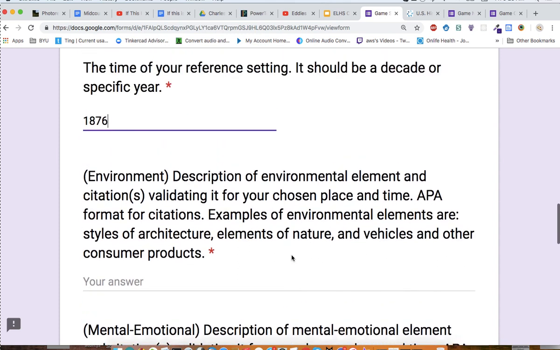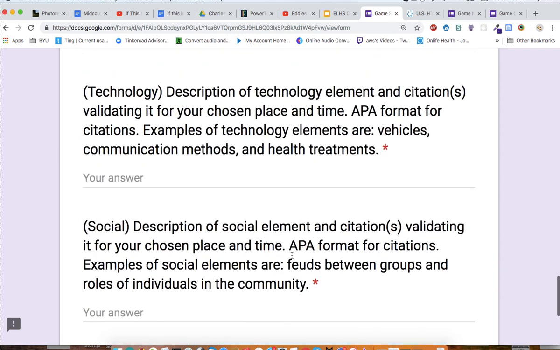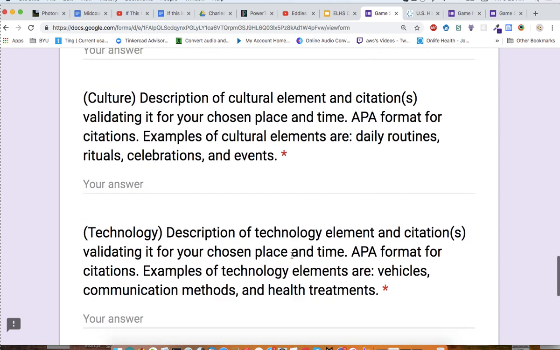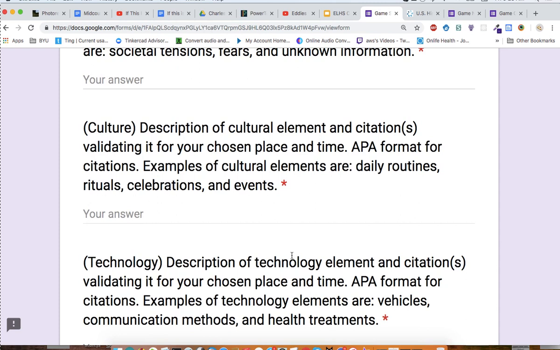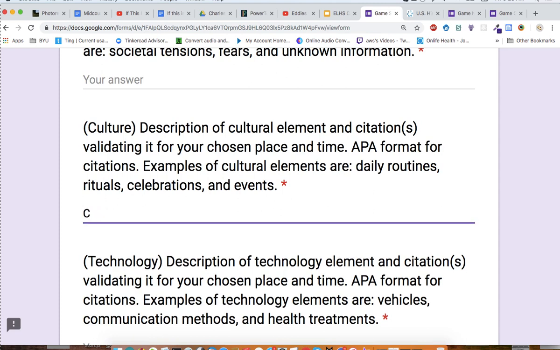And we have over here, now we have the burden when we identify these elements to put in APA formatted citations. So let's look at that. Culture, celebrations. So that would be Concord Centennial Celebration.